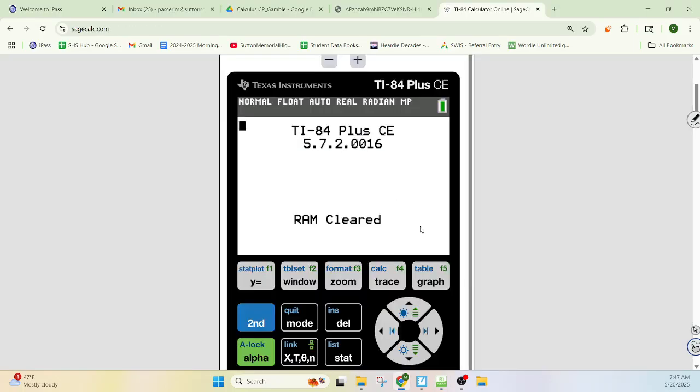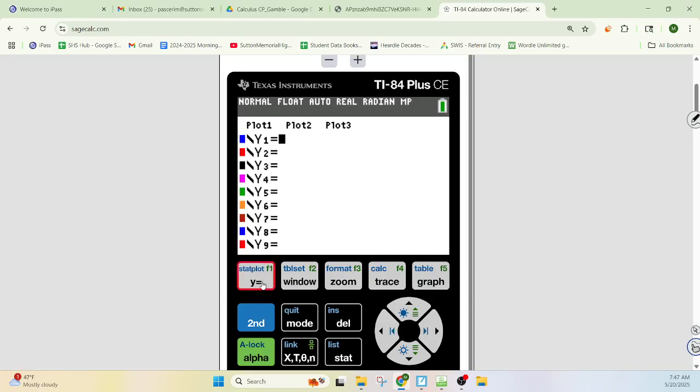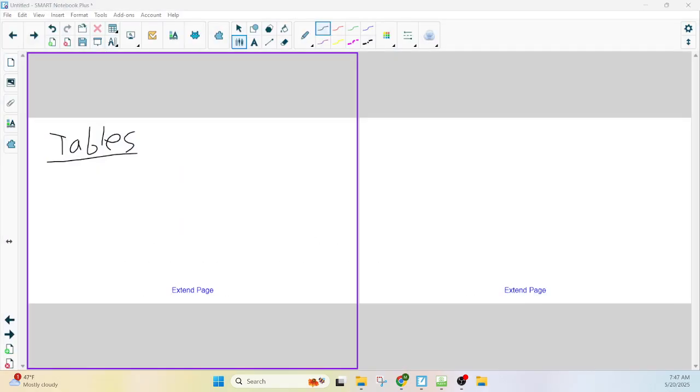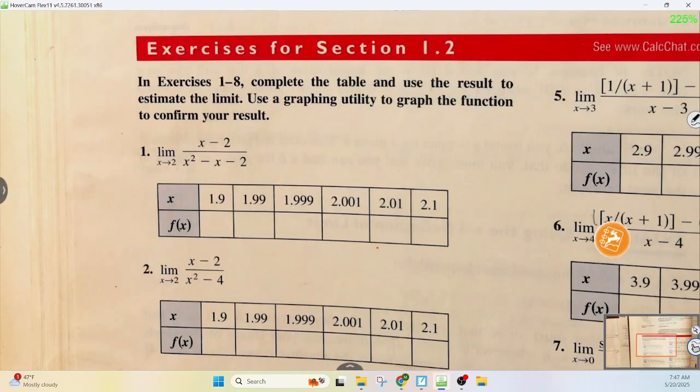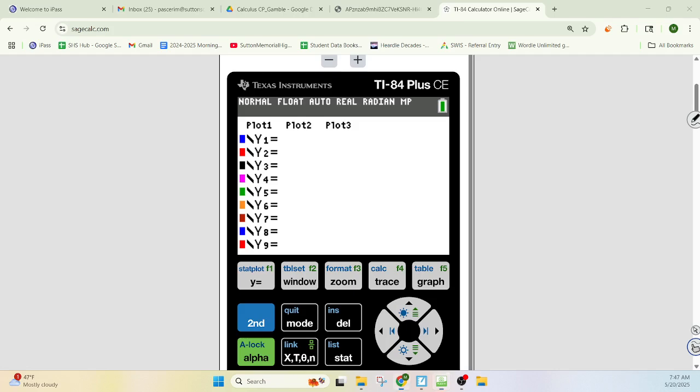This is called Sage Calc. It basically just gives you a TI. And what we want to do is put in this function here, which is x minus 2 over x squared minus x minus 2.